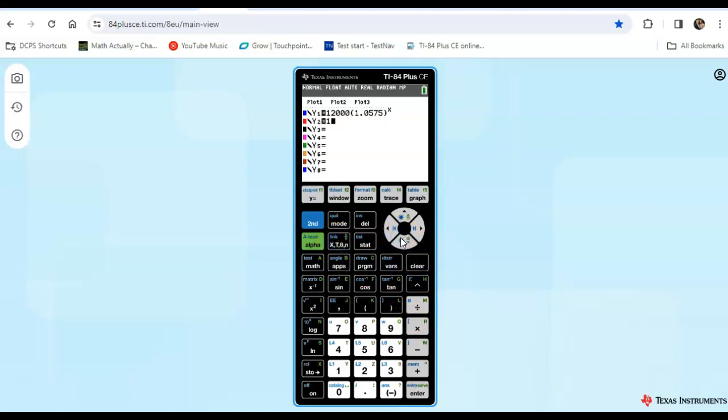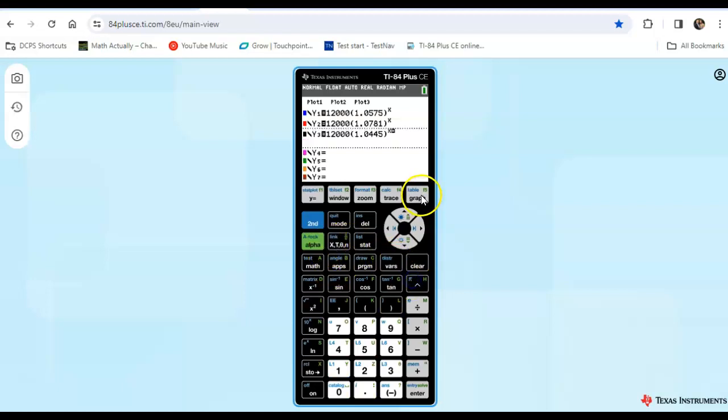And then I'm going to go to the next one, 12,000 times 1.0781 to the power of x. And then the next one, 12,000, C is 1.0445 to the power of x.